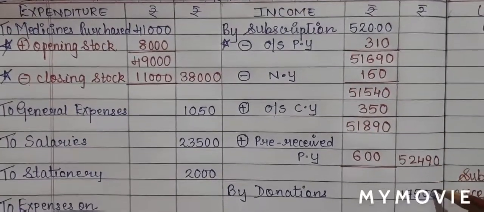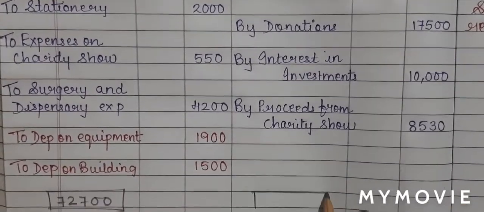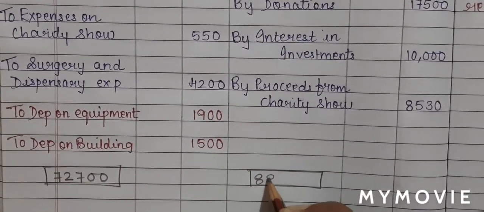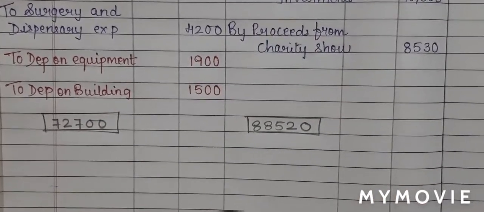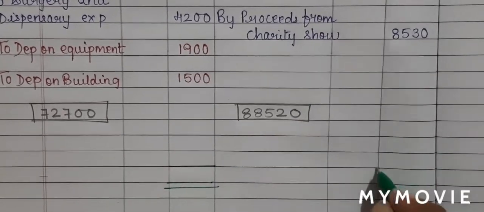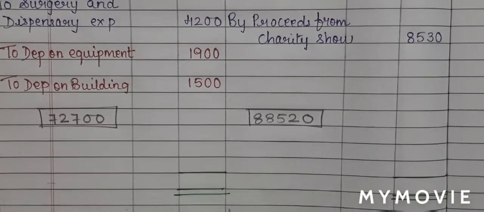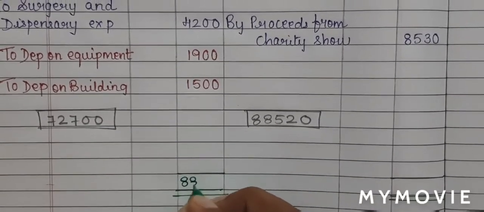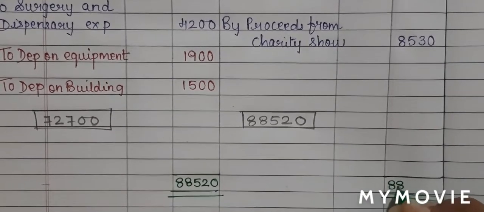So when I total income side, I get a total of 88,520. Now I will follow ledger format. Bigger total to be written on both the sides. So I'll double underline first on both the sides. So 88,520 will be written on both the sides.